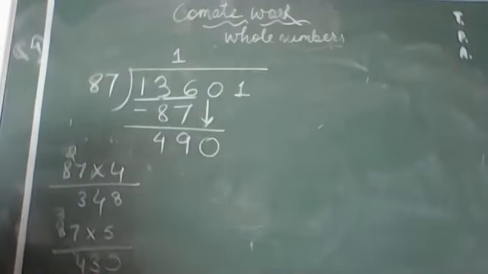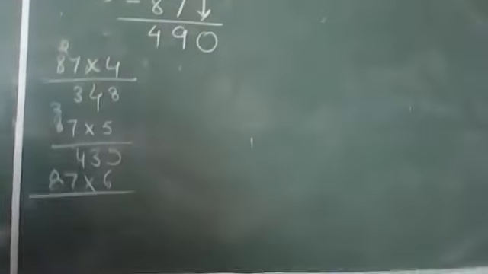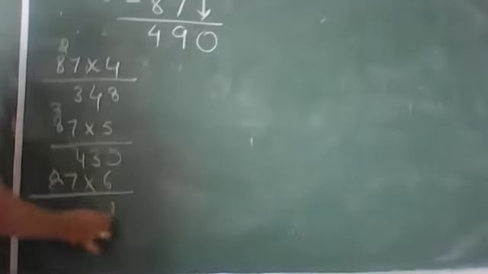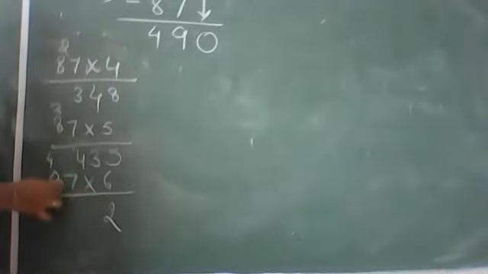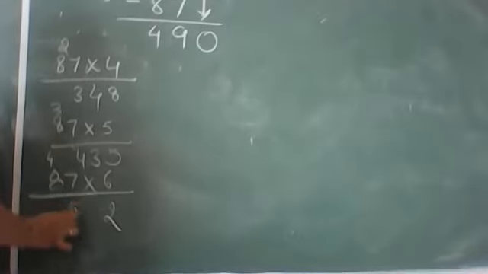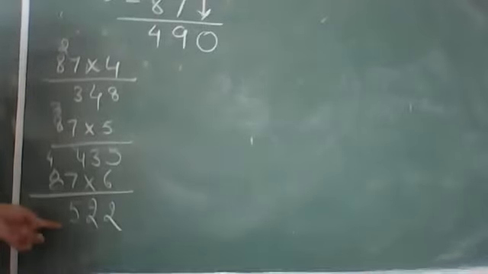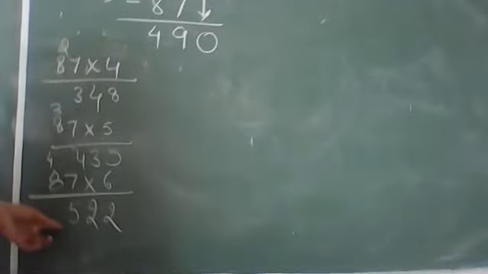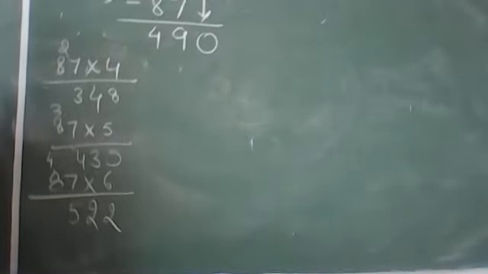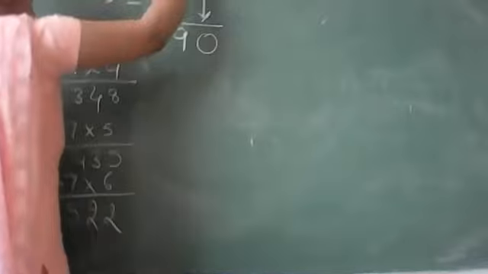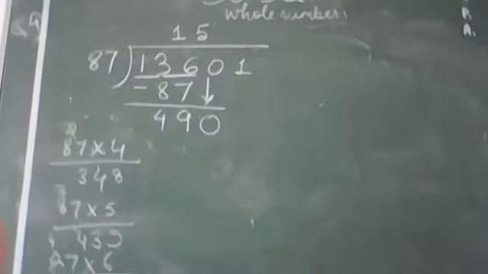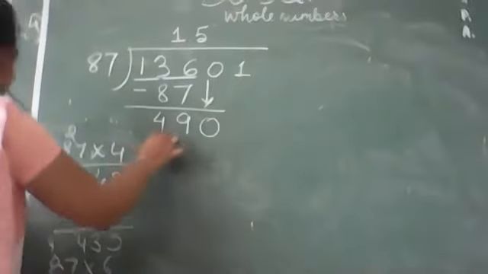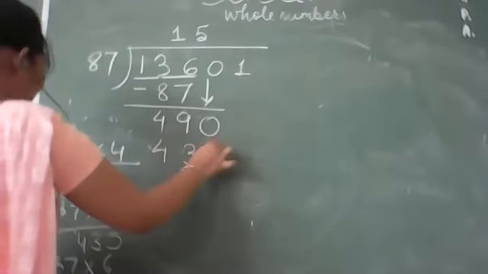87 multiplied by 6, we are doing now. 6 7s are 42, carry 4, 6 8s are 48, 48 and 4 is 52, 522. It means it is coming larger. So what we will do? We will take it only 5 times. And when you do it 5 times, beta, you are getting 432. Sorry, 435.